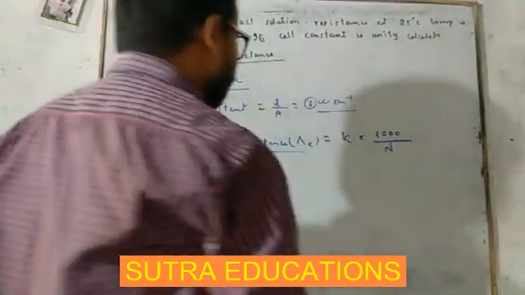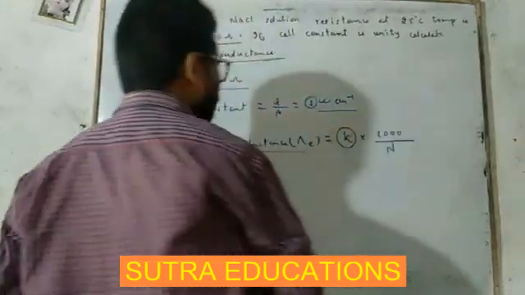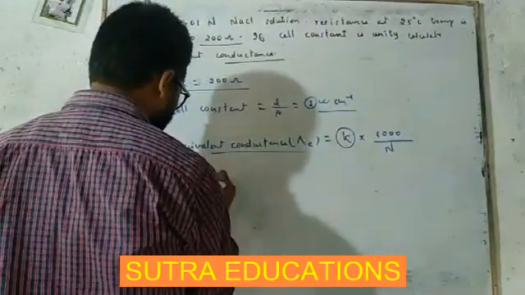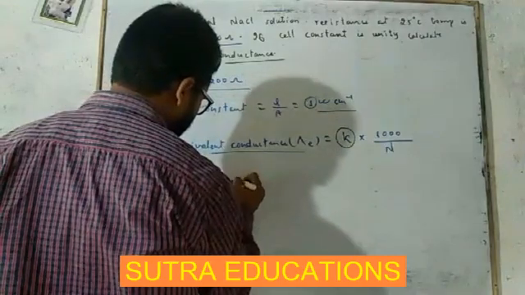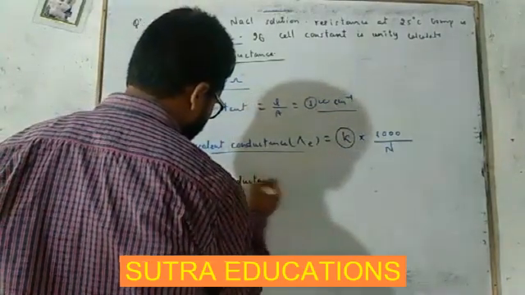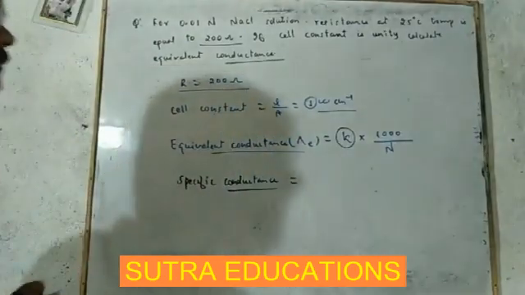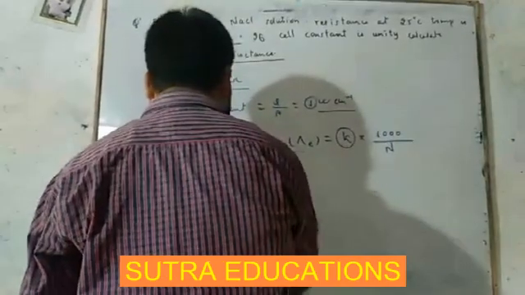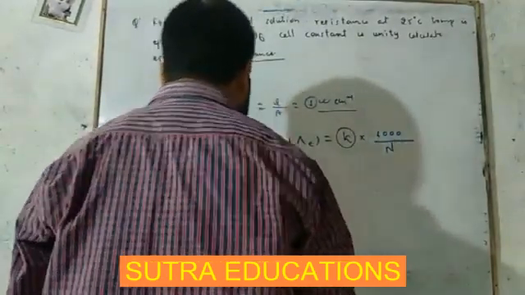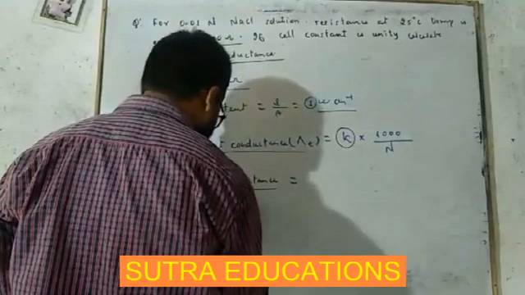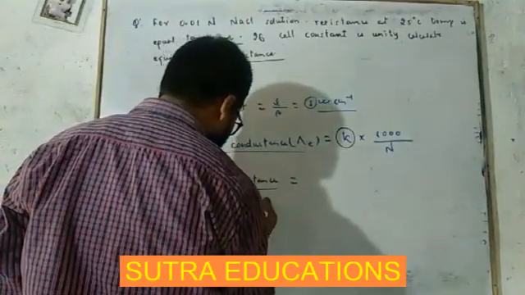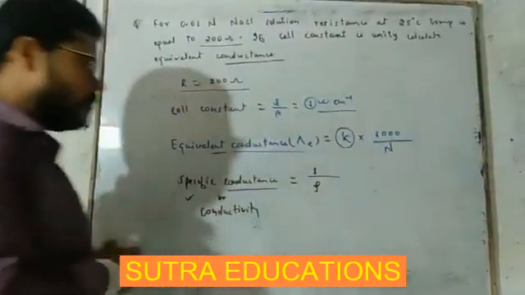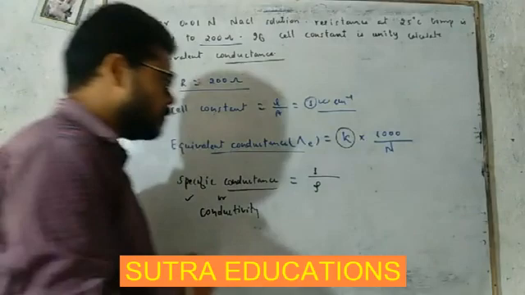So we don't know kappa here. So how to calculate this kappa? What is kappa? Kappa is specific conductance, or it is conductivity, and I have told you what is conductivity. It is 1 by resistivity, 1 by rho.